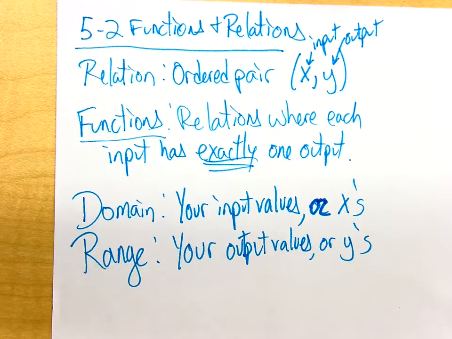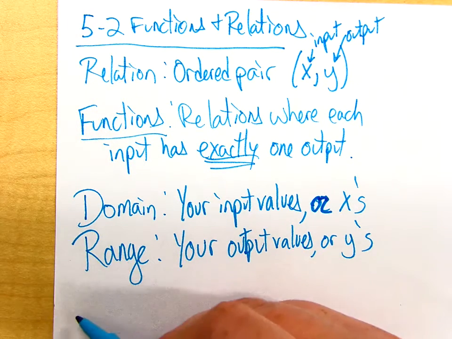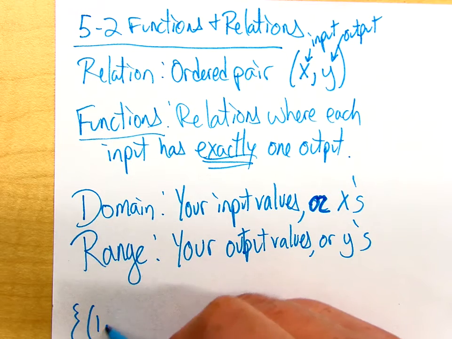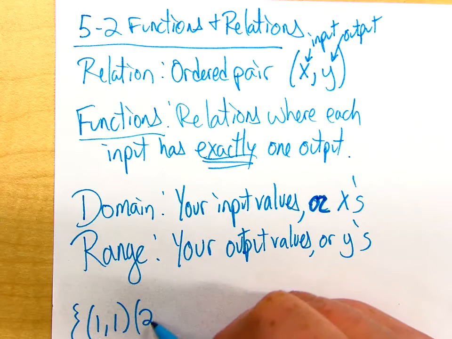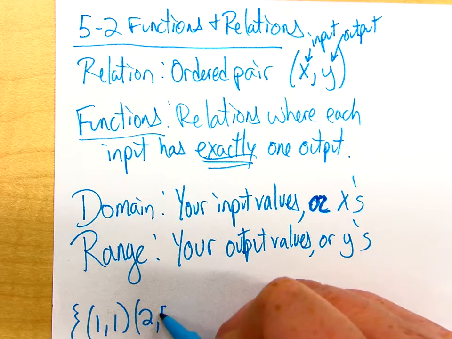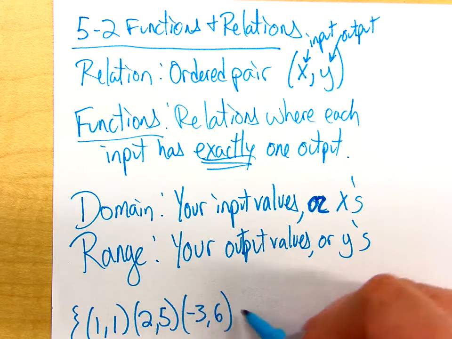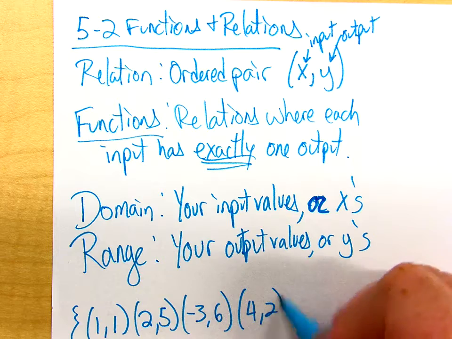Okay, so let's try some things here. Let's say I gave you a bunch of ordered pairs. How about (1, 1), (2, 5), (-3, 6), and (4, 2), something like that.